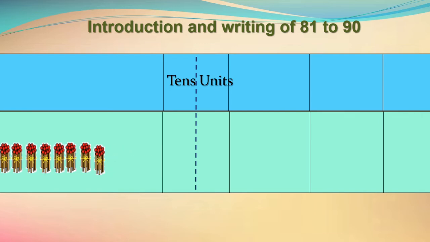So we got a bunch of one more matchsticks. Right? See here. Correct? So there are 9 tens and 0 units. You cannot see a single matchstick over there. So 0 units. Let us write in words 9 tens and 0 units.